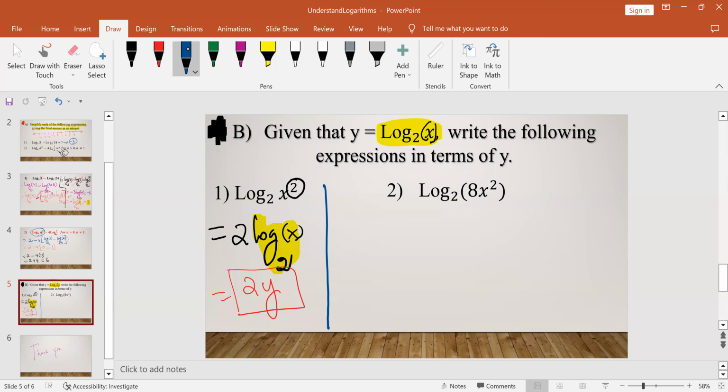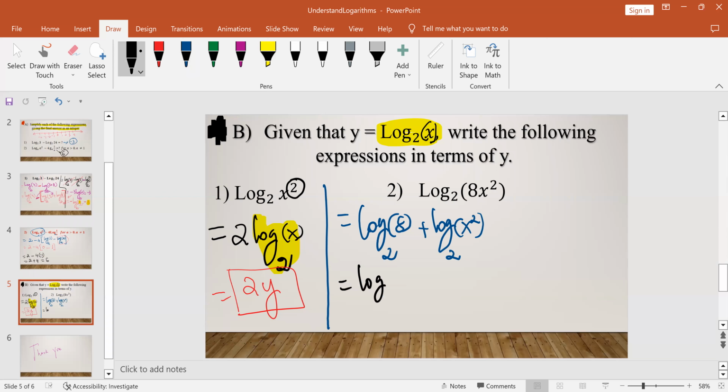So here we're going to have log of 8 with base 2 plus log of x squared with base 2. So this will turn to log of 2 to the third power with base 2, because 8 is 2 to the third power. That's the way you can simplify logarithms.